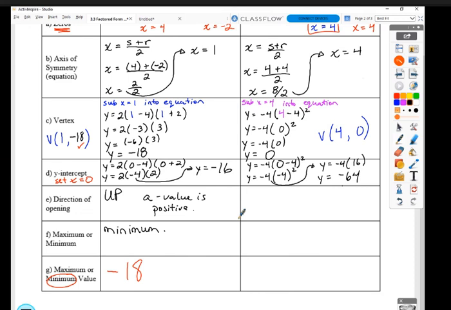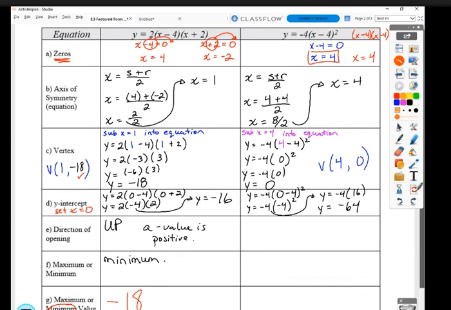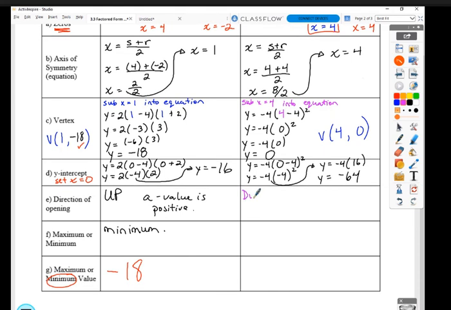Direction of opening: is this thing opening up or is it opening down? Well, we go right to the A value. This thing is opening down. We can say the A value is negative. And if the A value is negative, this thing's opening down. That creates a maximum value. And what is the maximum value? Zero.